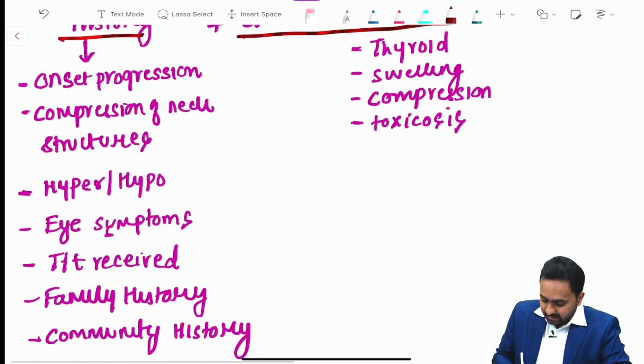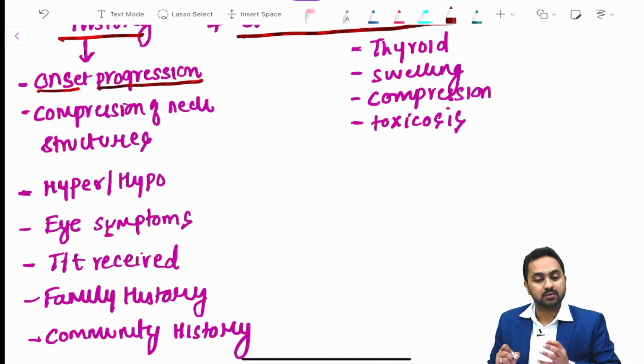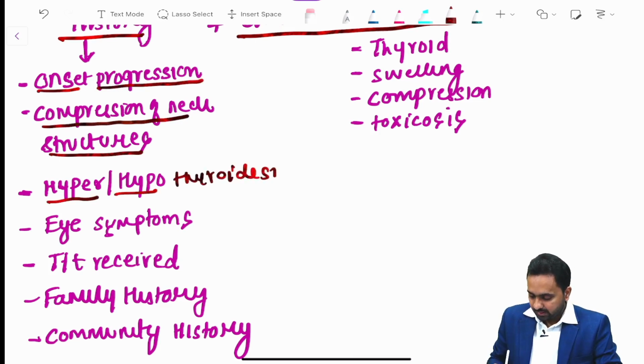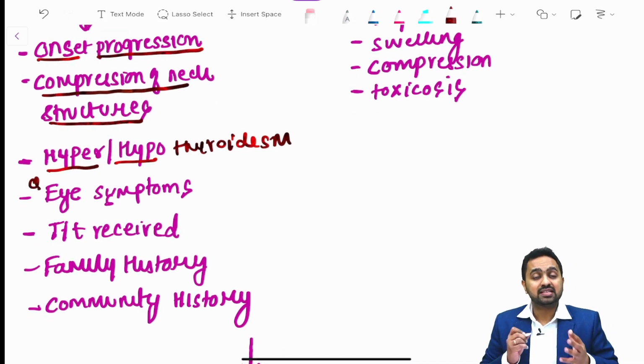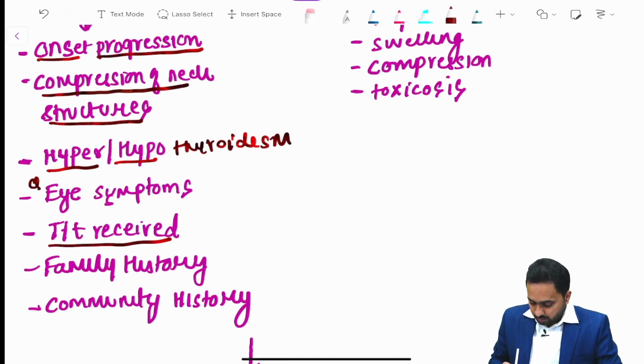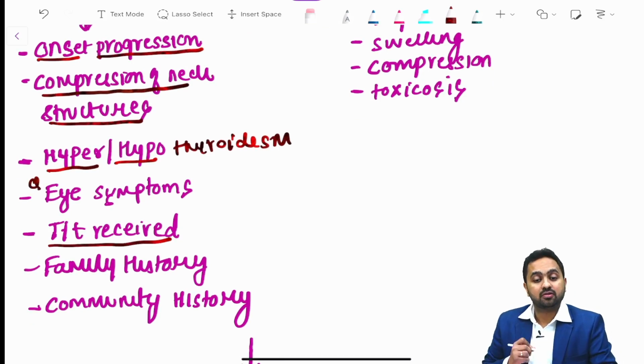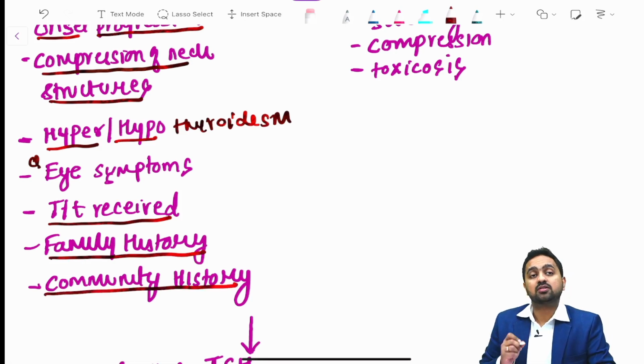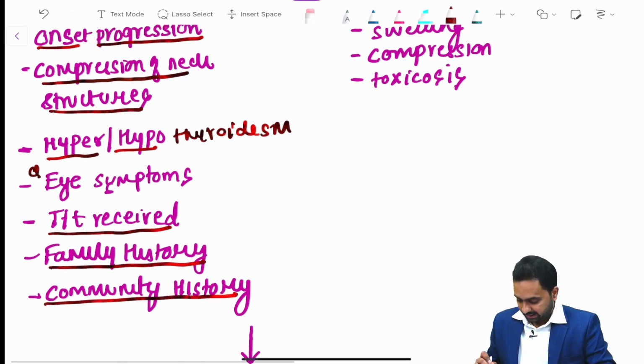The onset, progression of the swelling, whether there is compression of any neck structures, the features of hyper or hypothyroidism. Then whether there are any eye symptoms, any treatment received prior to the presentation of a thyroid nodule, any significant family history and community history with specific focus on the dietary intake of iodine, right.